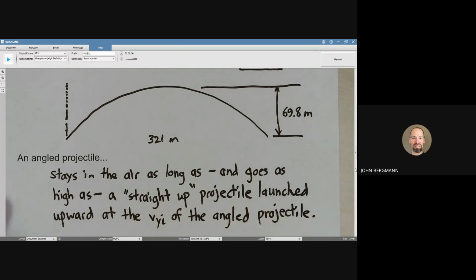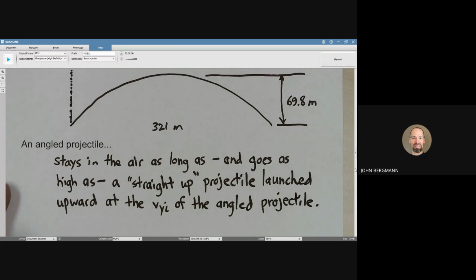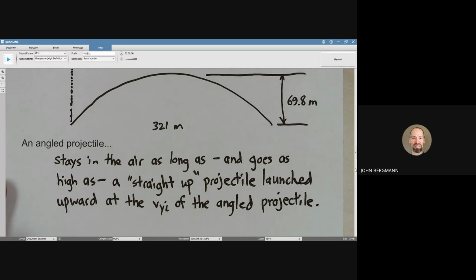Boom. The only thing for an angled projectile that determines how high it goes is the y component of the velocity initially. For an angled projectile, the only thing that determines how long it's going to be in the air is the vertical component of velocity initially.